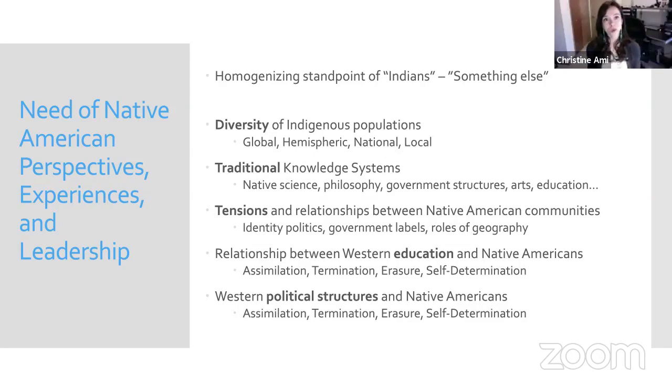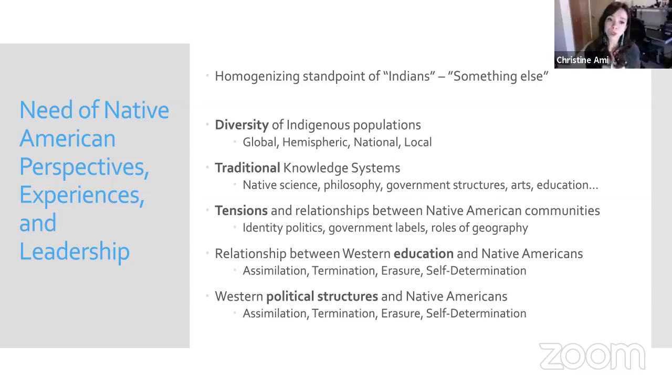And so what we're trying to do is really to open up that homogenizing force that's political, legal, termination, assimilation, that's put us all into one block, and to open that up. And so we're looking at the diversity of indigenous populations, everything from global spheres to local and very regionalized diversity.